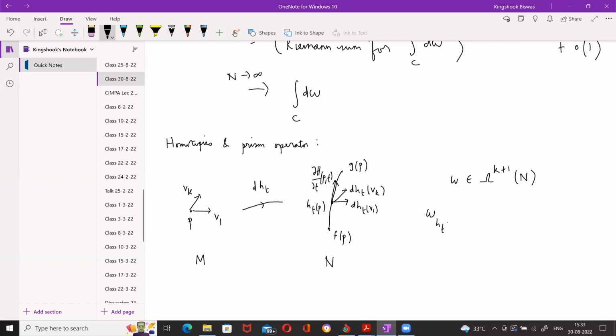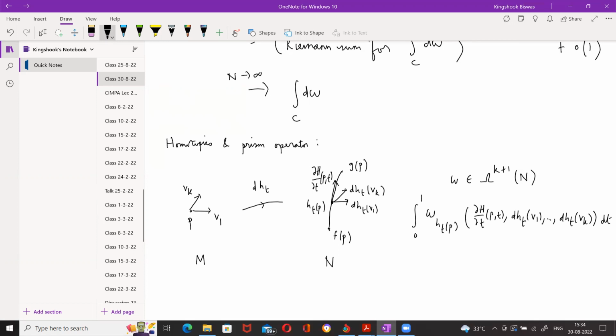Okay, so that gives me these k vectors, and then I let omega at the point ht of p act on del h del t of p comma t, dht v1, up to dht vk, and then I integrate this from 0 to 1 dt.